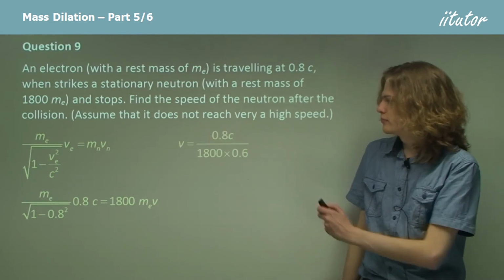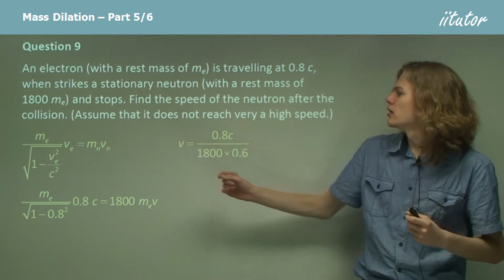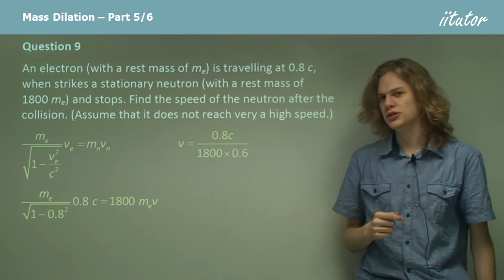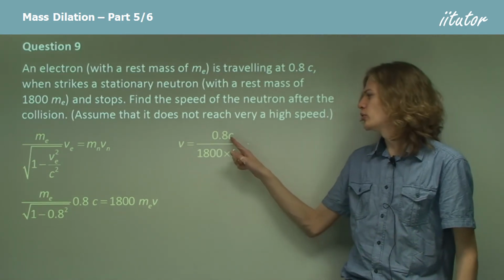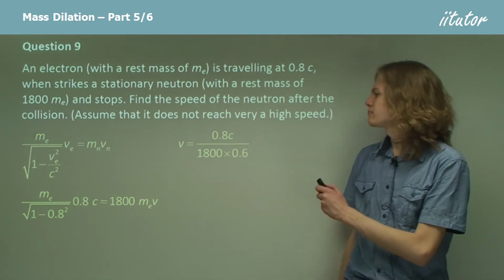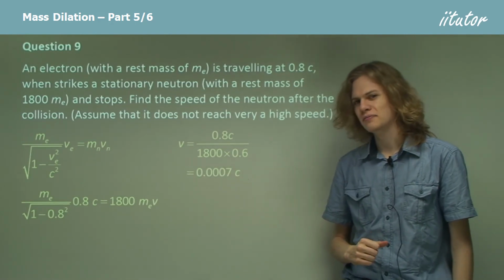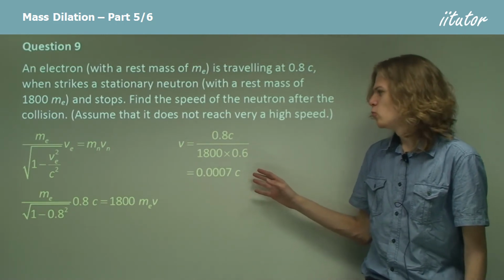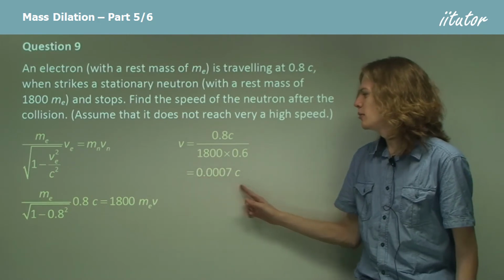So, simplifying that and making V the subject of the equation, we have 0.8 c over 1,800 times 0.6. So this will give us an answer in terms of c. We end up getting 0.0007 c.